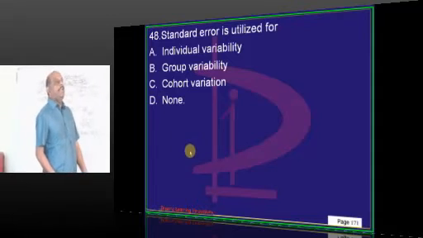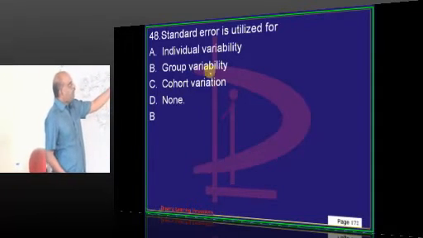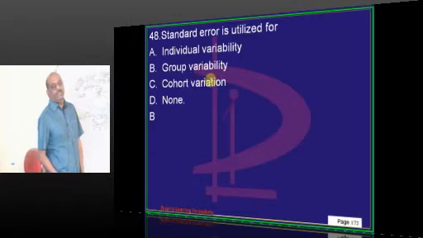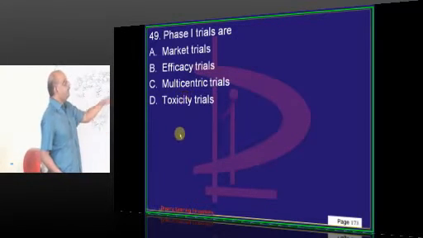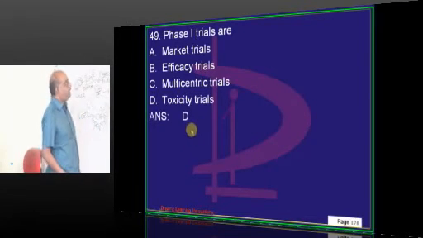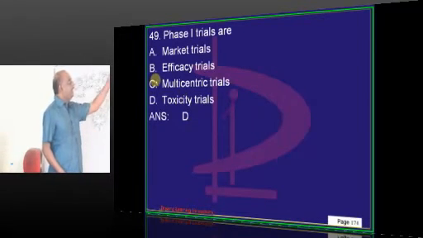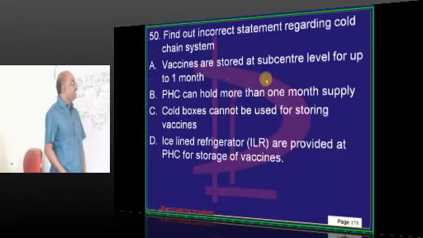Now, standard error, where is it utilized? To know the group variability, we use what is called the standard error. What is the purpose of phase 1 trial? Phase 1 trial where you want to know the toxicity profile. That's the main idea of doing phase 1. Similarly, for what will you do efficacy, etc., different levels of the drug trials. What is their purpose is a favorite question of the examiner.